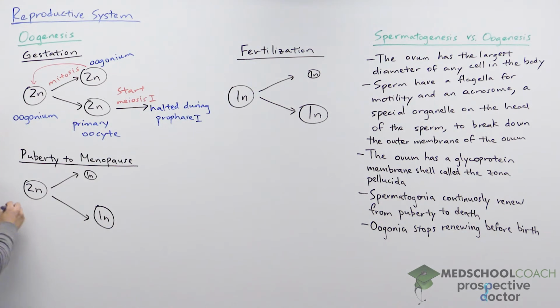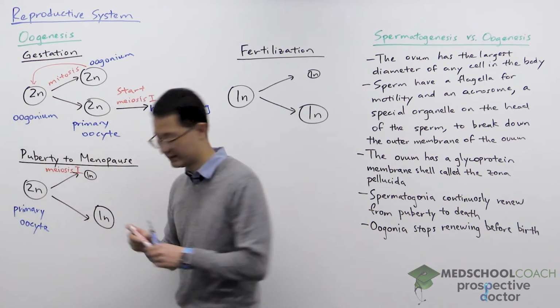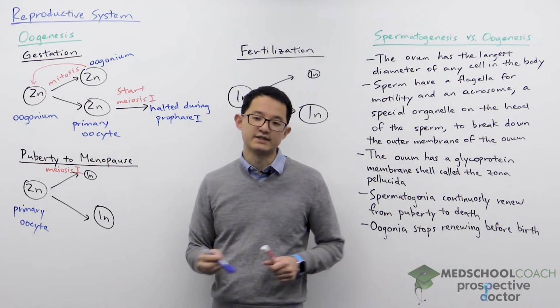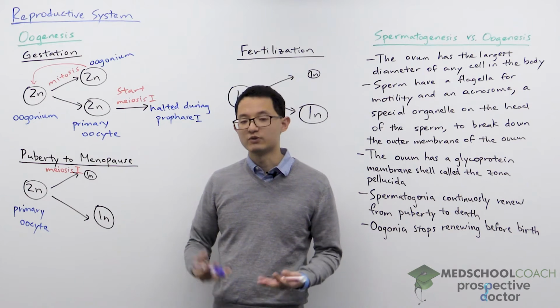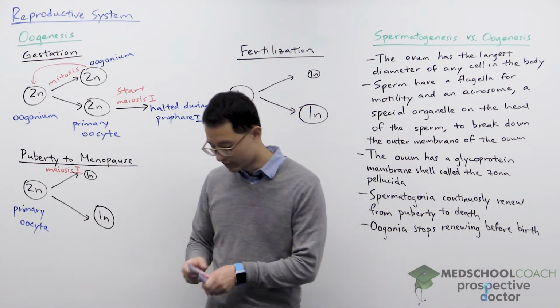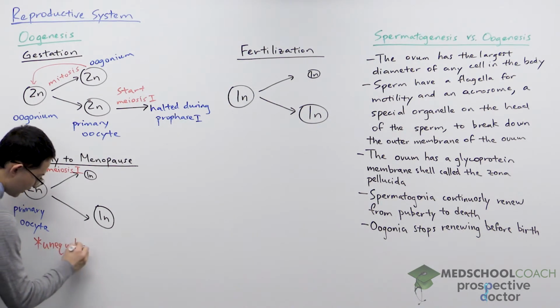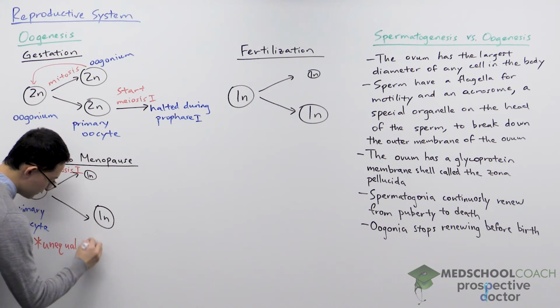So this is a primary oocyte, and this process here is meiosis 1. The interesting thing about meiosis with primary oocytes is that they don't produce two identical daughter cells. When oocytes divide, there is unequal division of the cytoplasm.